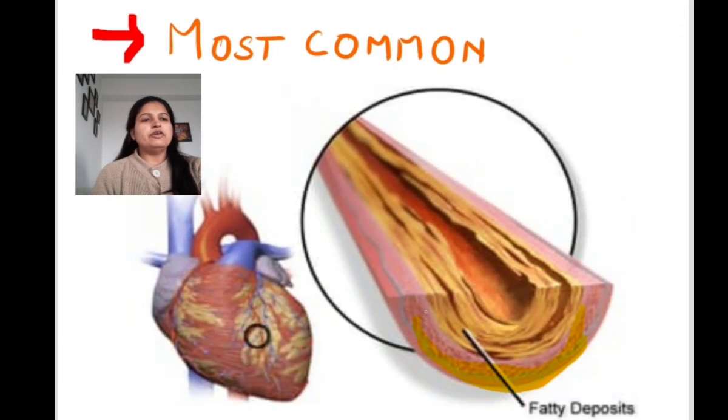Here in the figure you can see a coronary artery, and this is the plaque which has developed due to the deposition of fats, lipids and calcium ions, and this narrows the lumen of the artery, which leads to blockage in the artery and restricts the blood supply to the heart muscles.